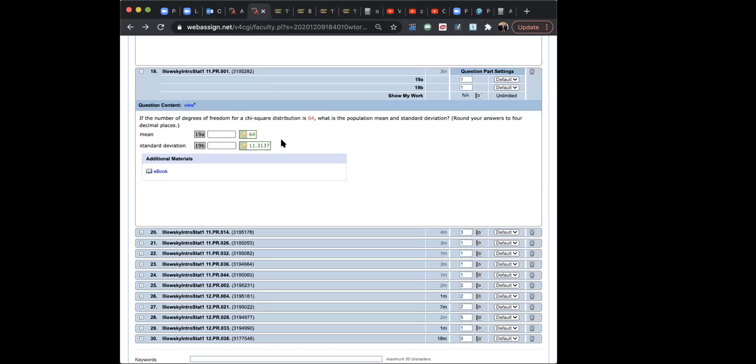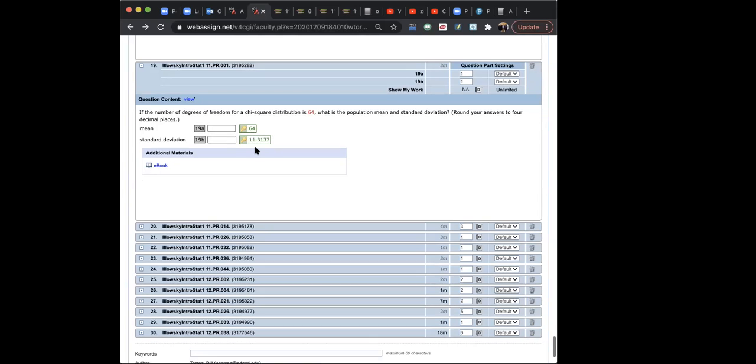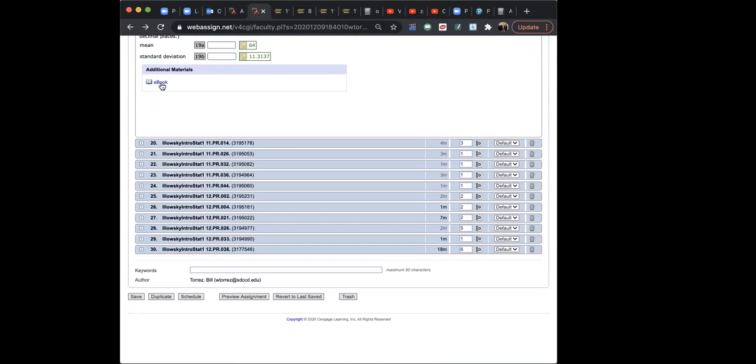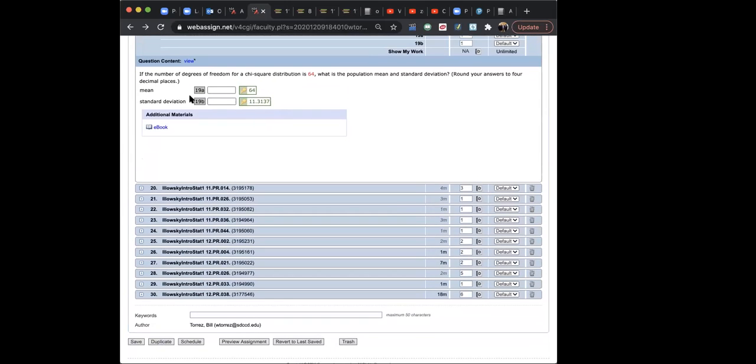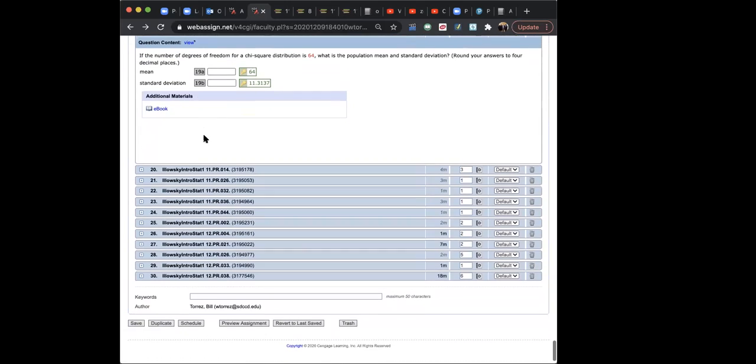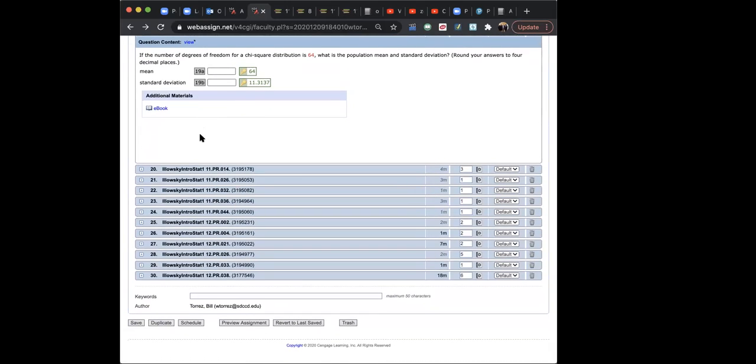And if you put that into the calculator and round it to 4 places, you'll get 11.3137. Okay. So this indicates how handy this link is if you need a quick refresh from the text material.